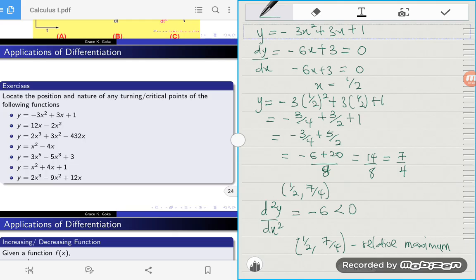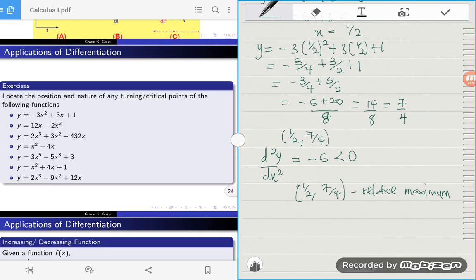So we first of all got our x to be equal to a half, and to know what the y coordinate is, we substitute that into the function that was given, and we have y to be 7 over 4. So if this is the critical point, then we want to know the nature of that critical point, whether it's a local maximum, or a local minimum, or a saddle point.